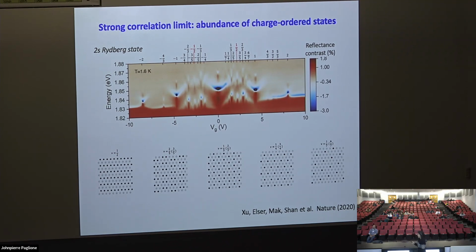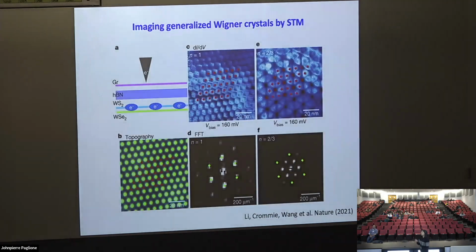Okay, and later on, there's this very clever STM experiment from the Berkeley group.